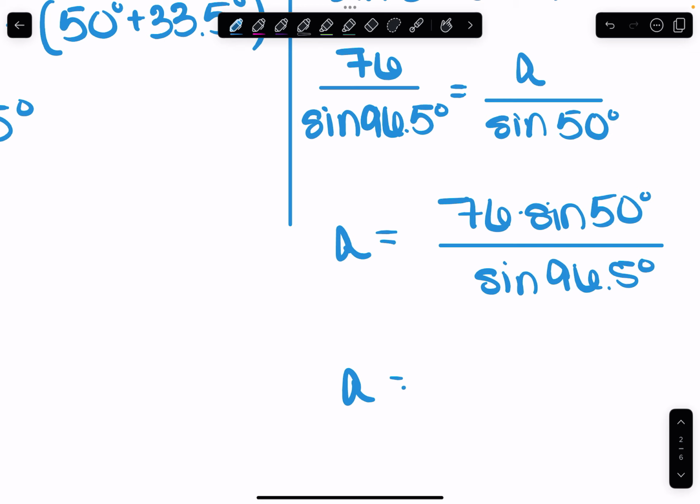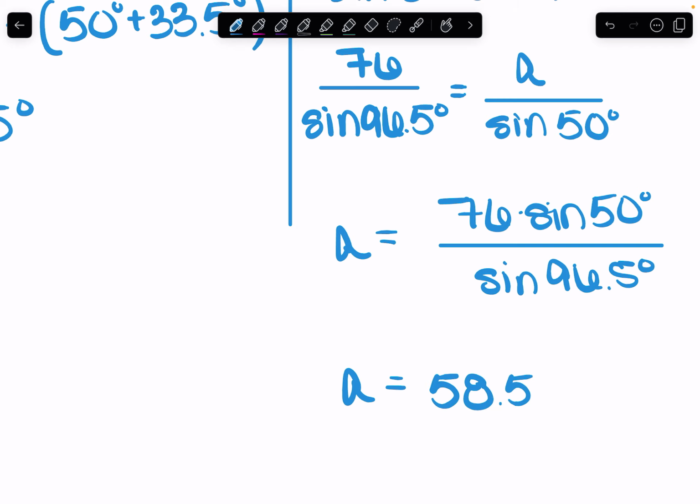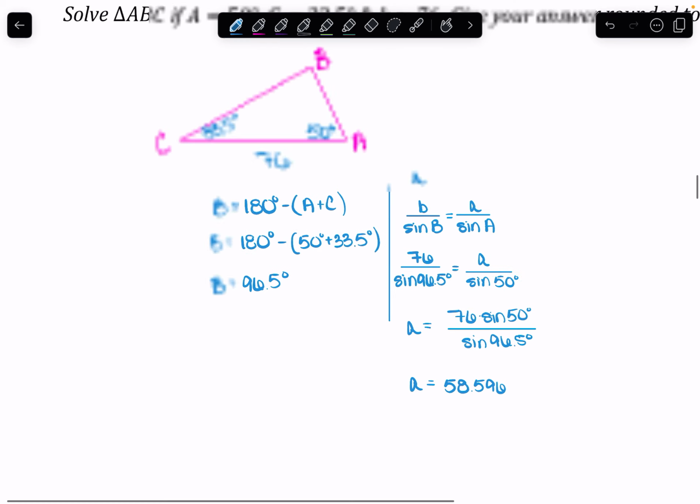So then we go calculator that. So we've got 76 times sine of 50 divided by sine of 96.5, which gives us 58.596.